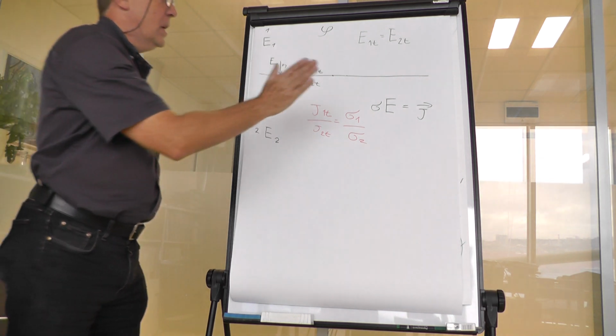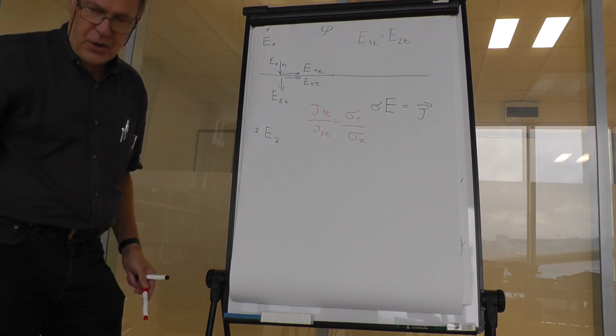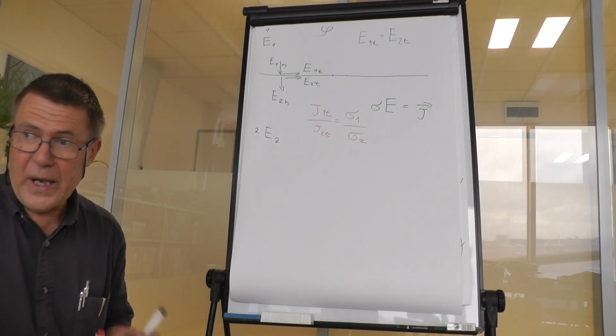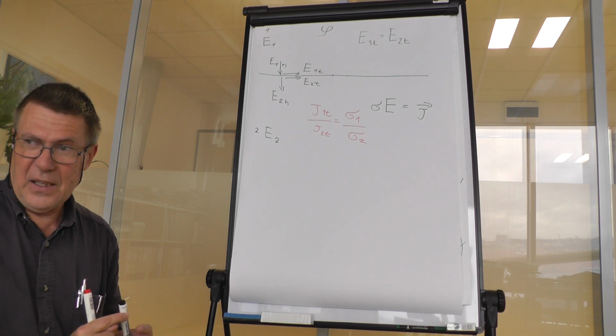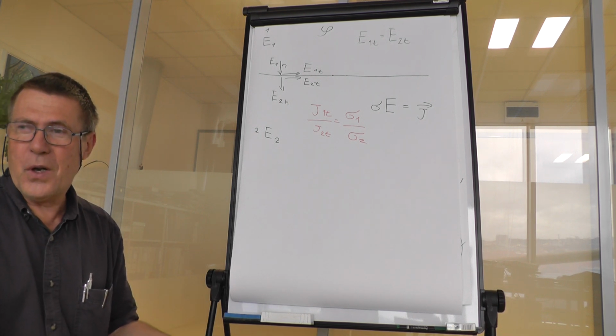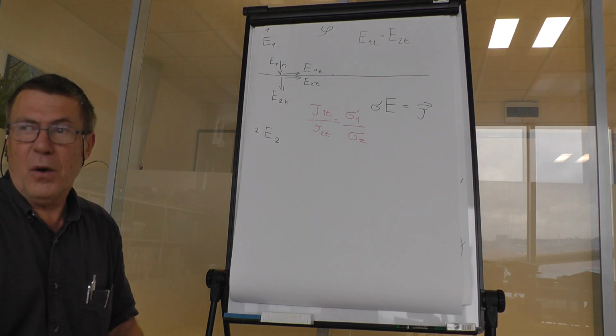So we have now established conditions for tangential field components at the interface. Still, we have to add a condition or a set of two conditions for normal field components.